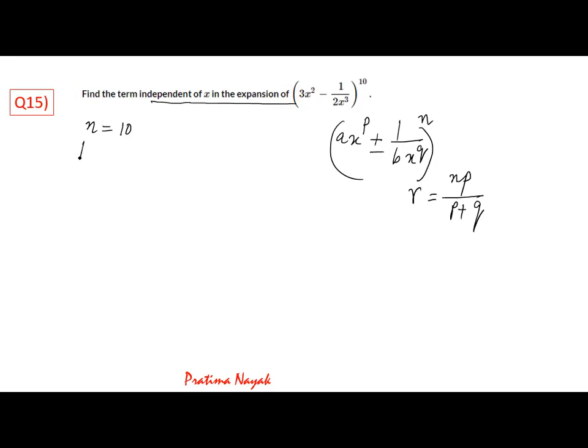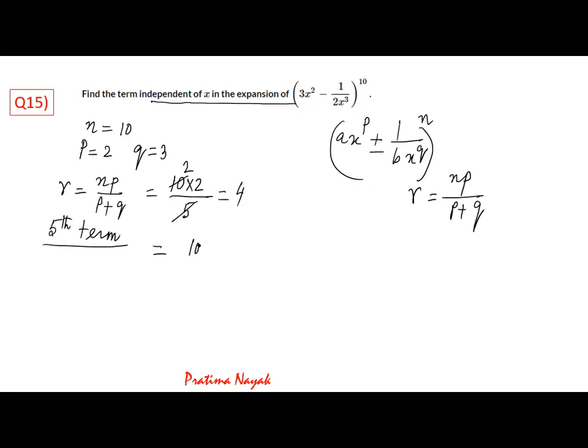So p is here 2, q is here 3. Then I will write r is equal to n into p by p plus q, which is 10 into 2 by 5, since 2 plus 3 is 5. So this will be r is equal to 4. When it is 4, that means it is the fifth term.